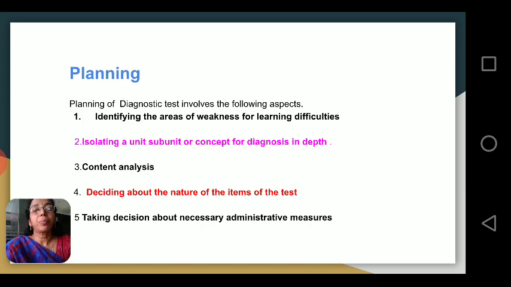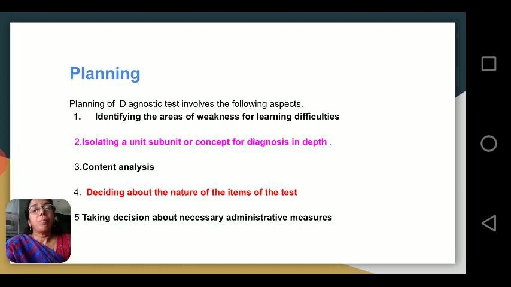The teacher should sense that there is a problem with the learner. How can a teacher come to know this thing? During the classroom teaching, by observing the learners, the teacher may feel that there is a problem with some learners.